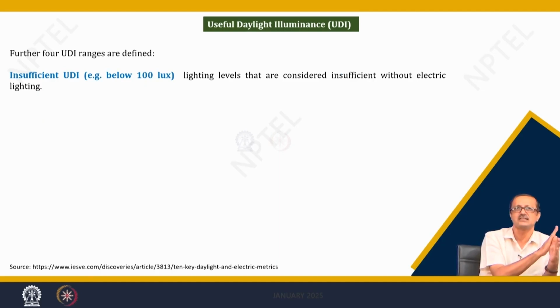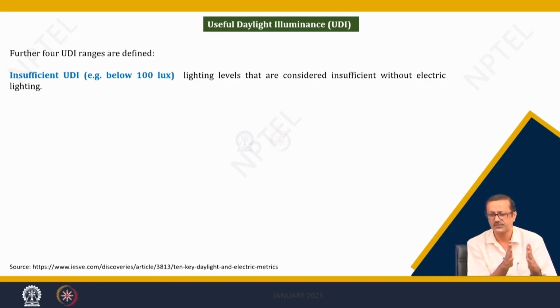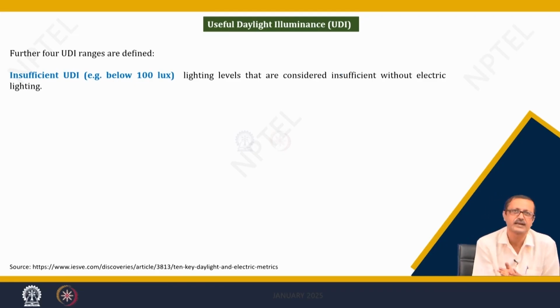That means it is insufficient UDI. In that area the lighting levels are considered insufficient without electrical lighting, so those areas require electrical lighting almost throughout the year.